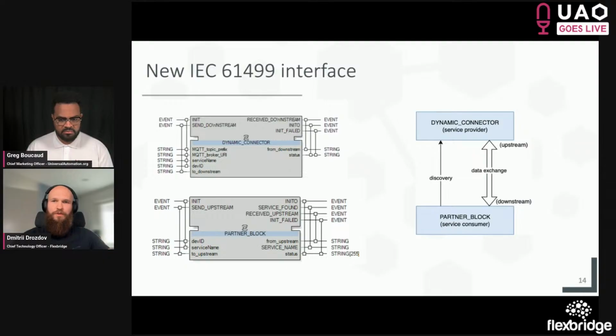These new blocks enable bidirectional data exchange and a bit easier setup. They still use MQTT internally, though protocols can be swapped if it is needed for a specific use case.